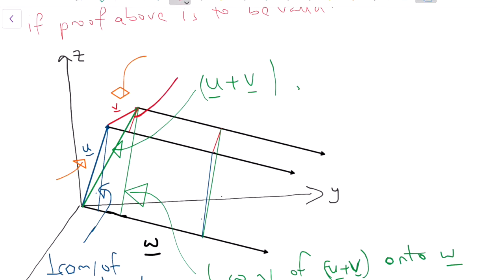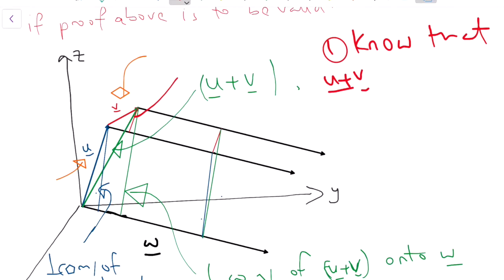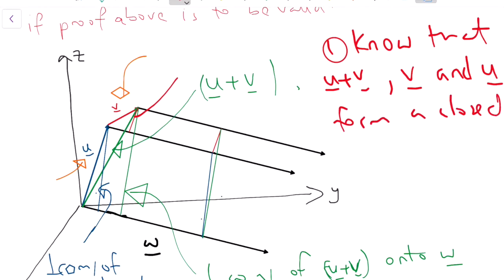So first things first, we know that u plus v, v and u form a closed triangle. And that is just from basic vector addition. You can clearly see it from the diagram here, so this triangle right here.